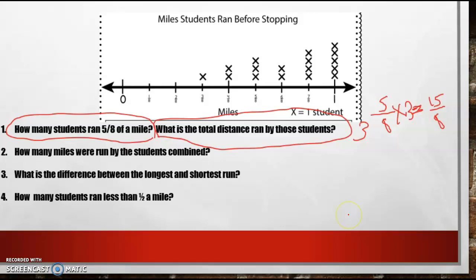Then I need to see you turn that improper fraction into a mixed number. It's a division problem. 8 goes into 15 once, and you've got 7/8 left over. So, writing really sloppy today.